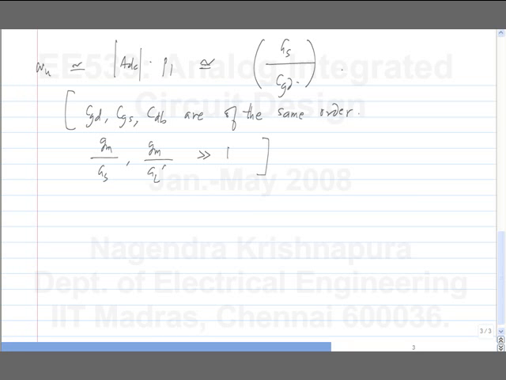Is it clear how the answer was derived? The product of the DC gain and the first pole turns out to be approximately GS by CGD. So it's independent of the GM of the transistor or anything of the sort. It depends only on the source resistance and the coupling capacitor across the amplifier. Does this result make sense? Why do we get this?